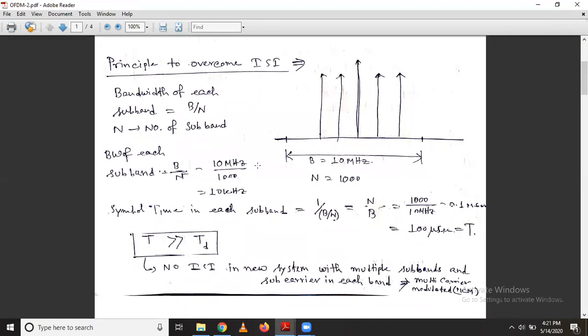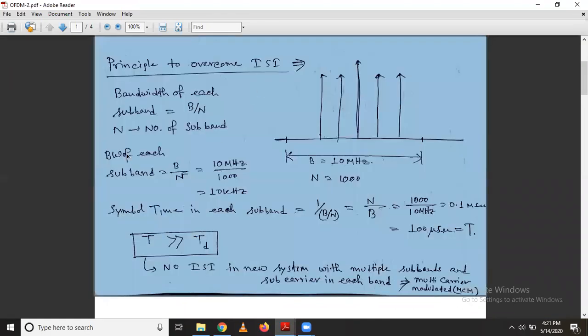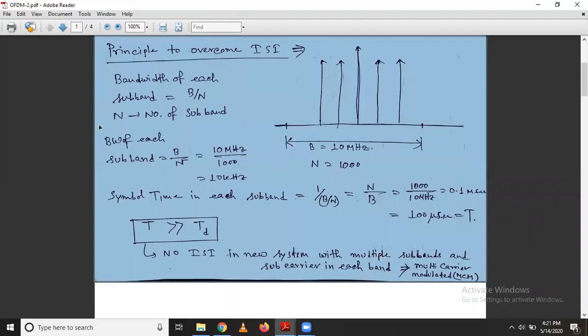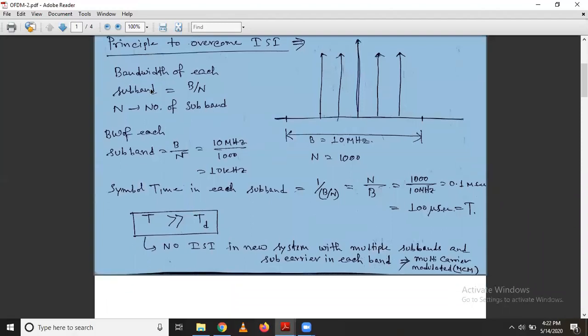Now the principle, how to overcome this ISI problem. Now see, the total bandwidth we have considered is 10 megahertz, capital B. This whole bandwidth we are dividing into some subbands.